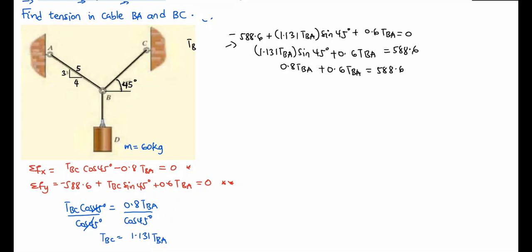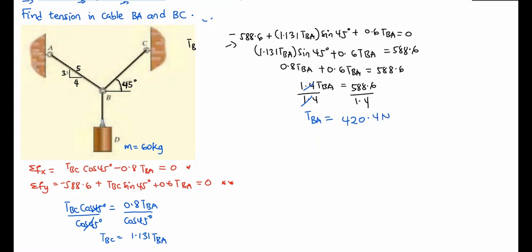Let's add these two: 0.8 plus 0.6 gives us 1.4 TBA, equal to 588.6. So let's divide both sides by 1.4. This will cancel out this, and TBA will be equal to 588.6 divided by 1.4.